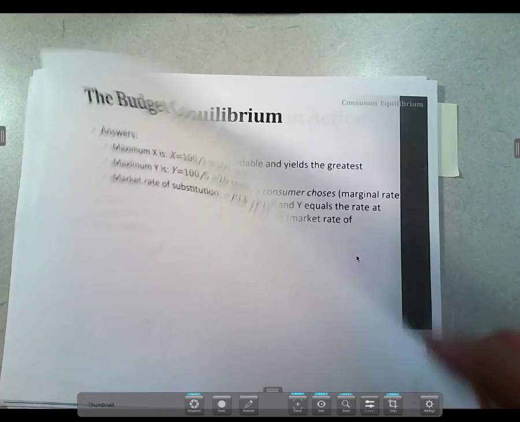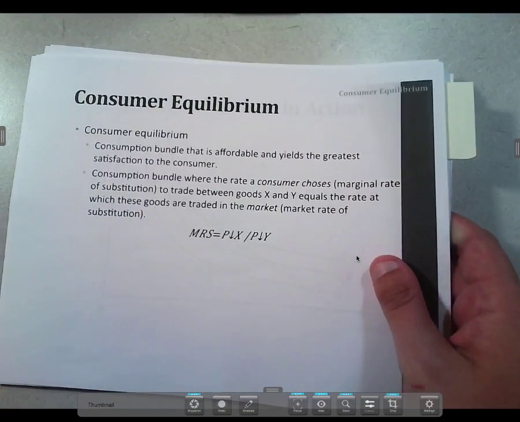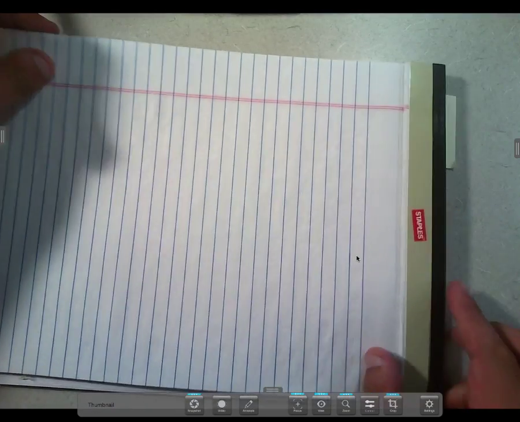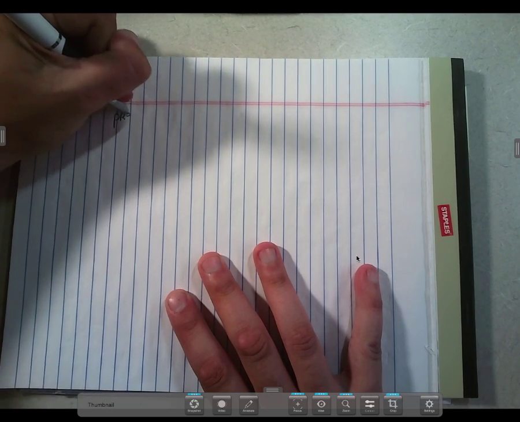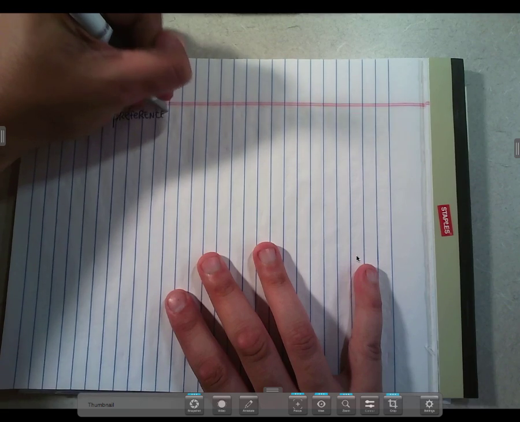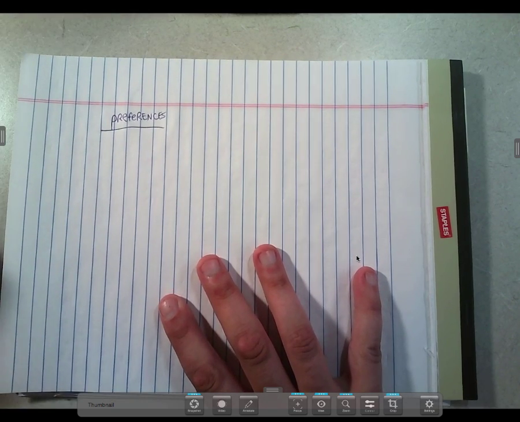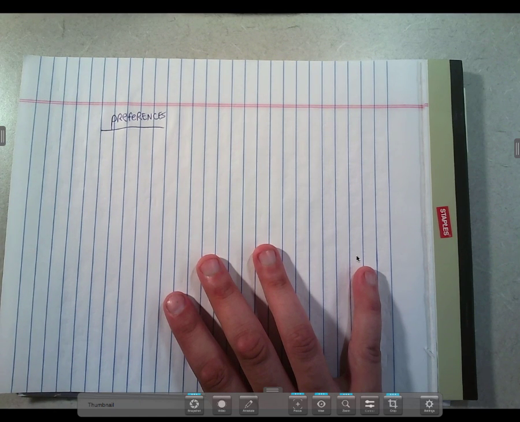Just making sure here that we see where we're at. So here's what we've done. In terms of preferences, we talked about their 4 properties, the transitivity, the completeness, the more is better.